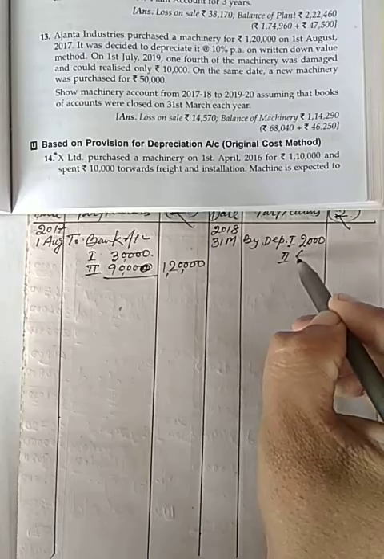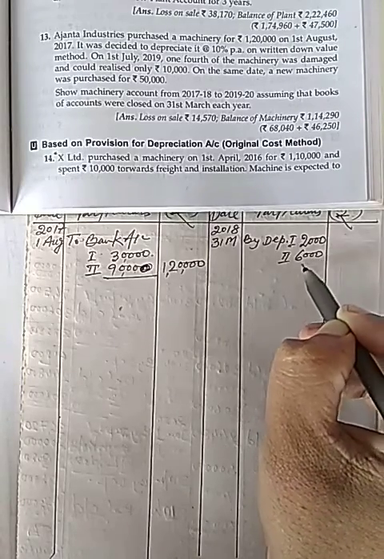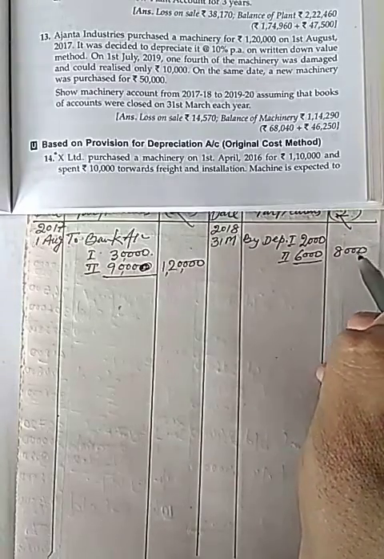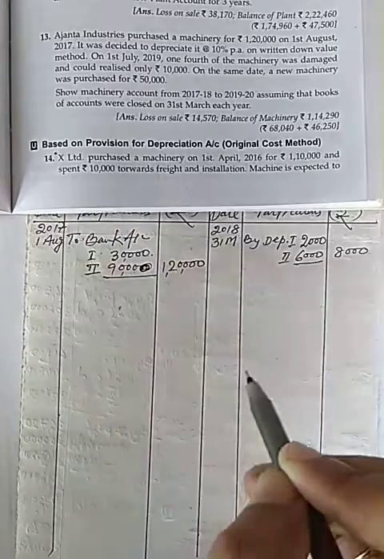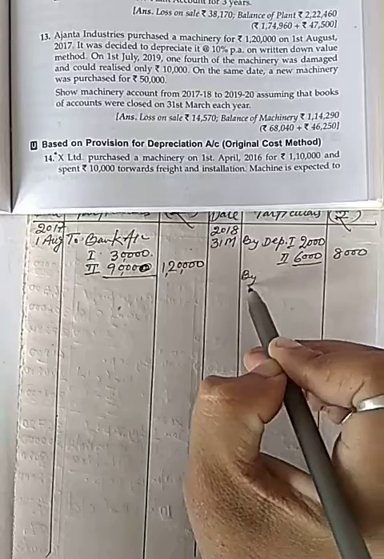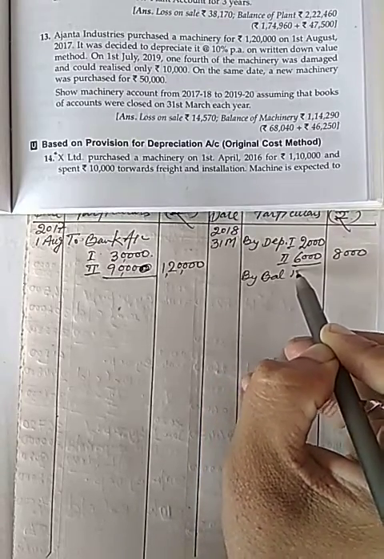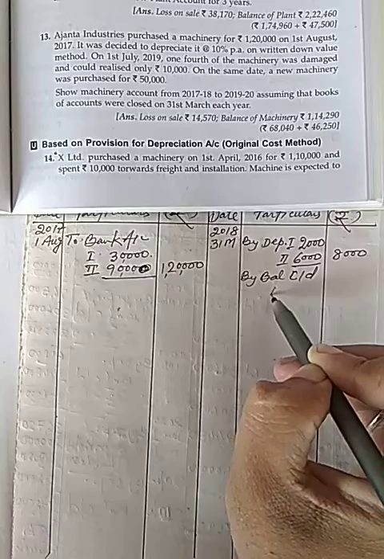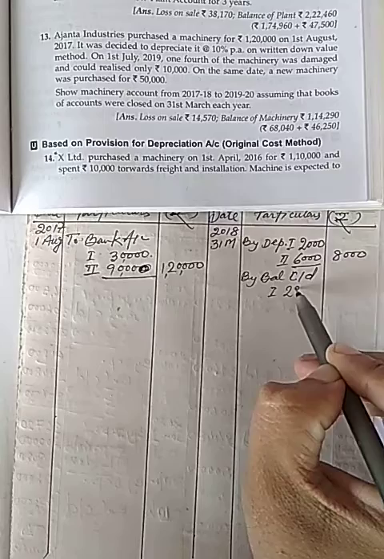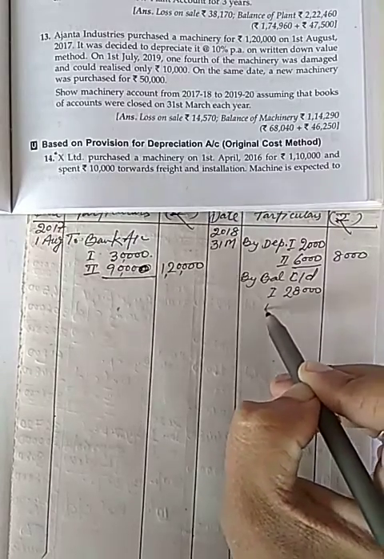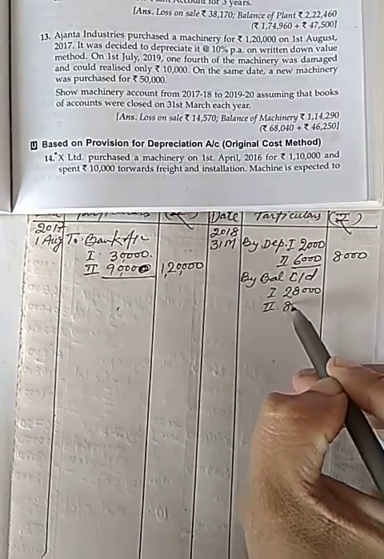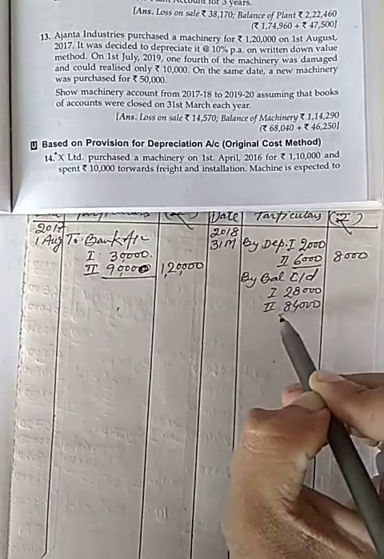So depreciation we can calculate easily, 6,000. So total depreciation will be 8,000. Now we will balance it. So by balance c/d will be of first part 30,000 minus 2,000, it will remain 28,000, and on second part 90,000 minus 6,000, so it will remain 84,000.